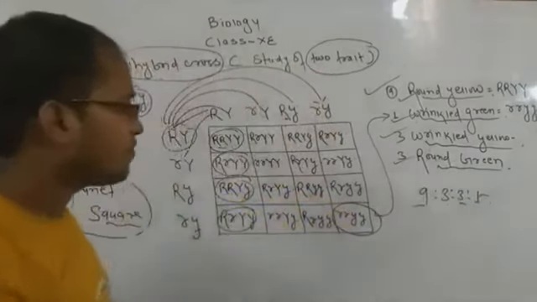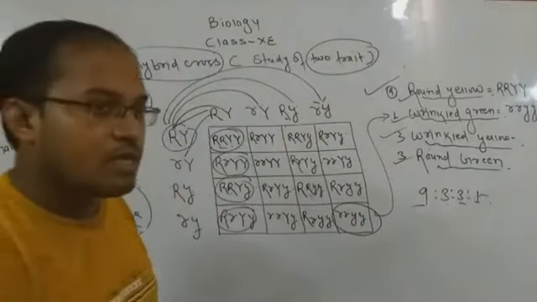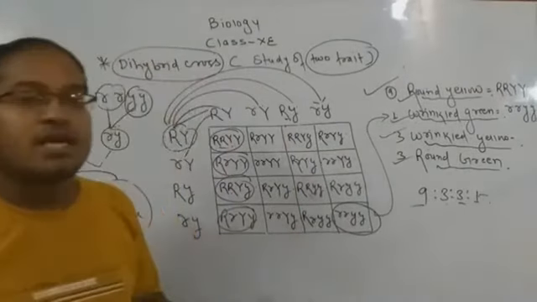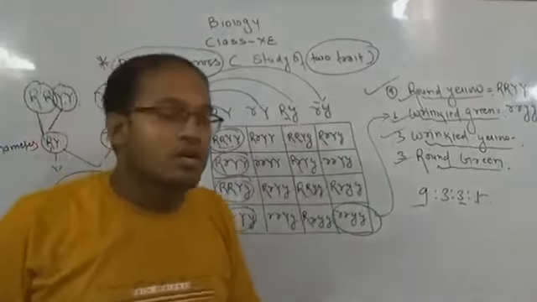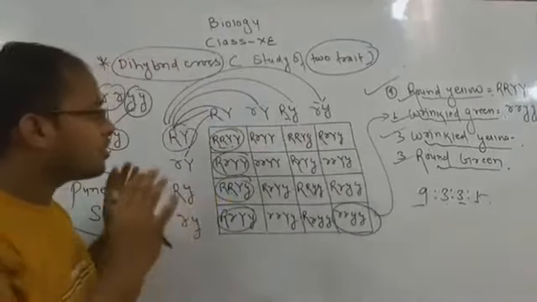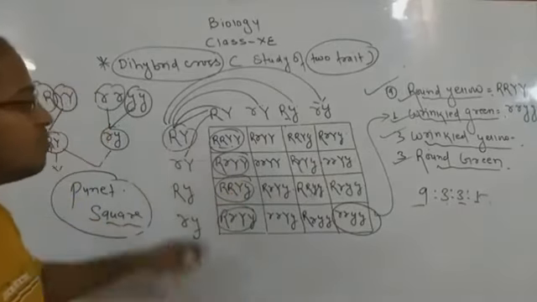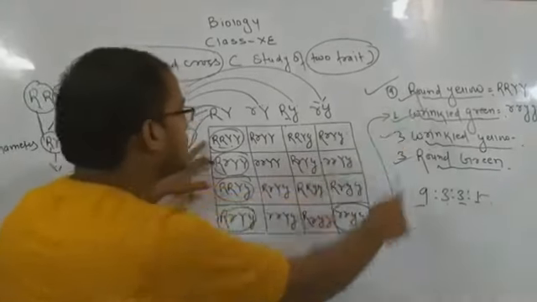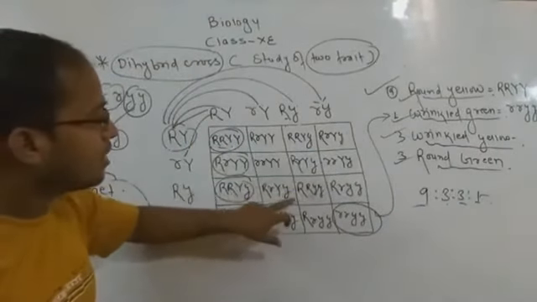So you have to focus by looking at the square board, and if you have any doubt you can ask me. And next you also have to focus on the NCERT book because the dihybrid cross is also given there. Here I am going to describe all the crosses in the dihybrid cross. If you look at round yellow, here 1, 2, 3, 4, 5, 6, 7, 8 and 9.